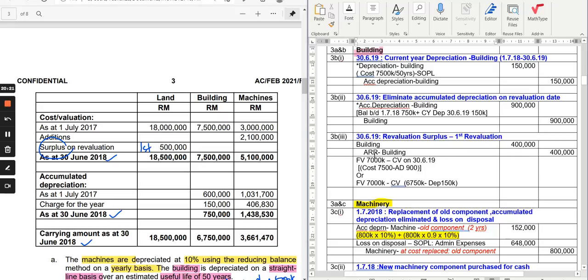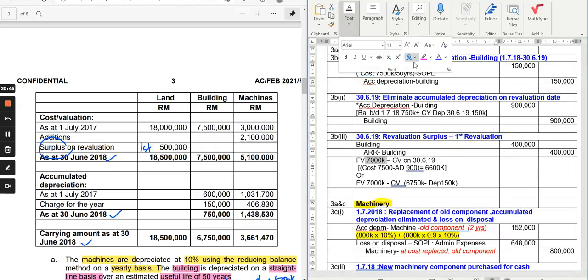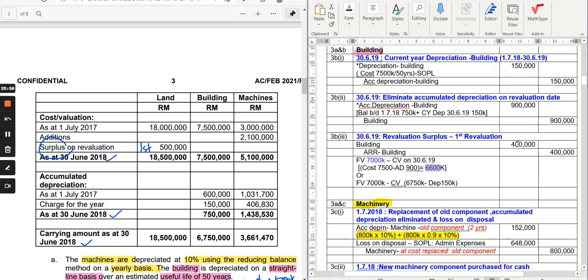So you will get 7 million minus 6.6 million, because 7.5 minus 900 is 6.6 million. And with that, your figure would be 400,000, because the figure here is 7 million and the figure here is 6.6 million. So we have the building, which is 400,000.